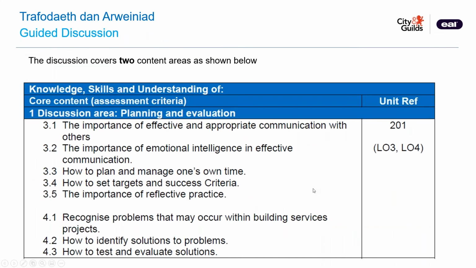So the guided discussion covers two content areas as shown below. Discussion area 1 is planning and evaluation. That's the area where there needs to be evidence on the unit referencing.